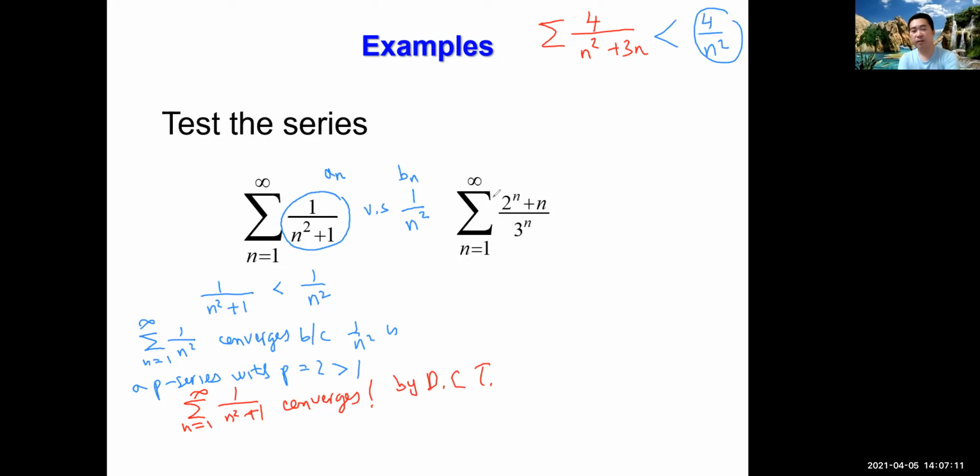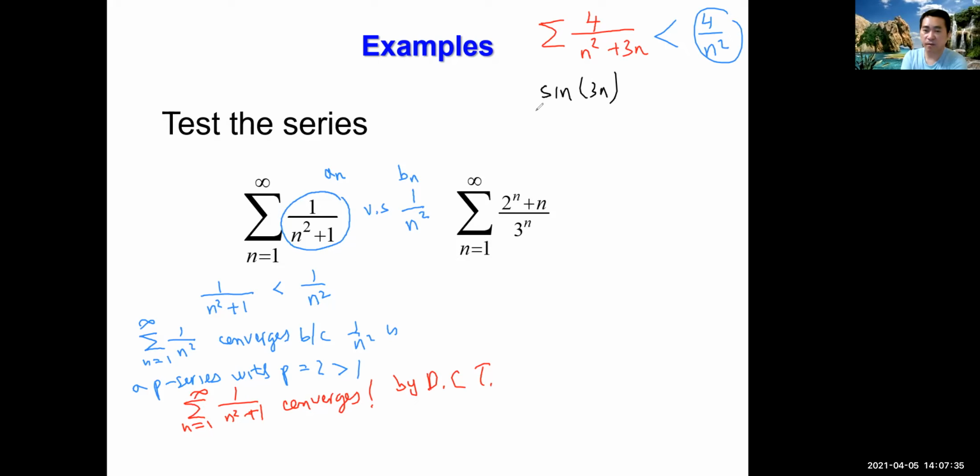So some other things that might help you determine which series you come up with: besides the way I just showed you, keeping the dominant terms, if you see a series that has sine in particular.